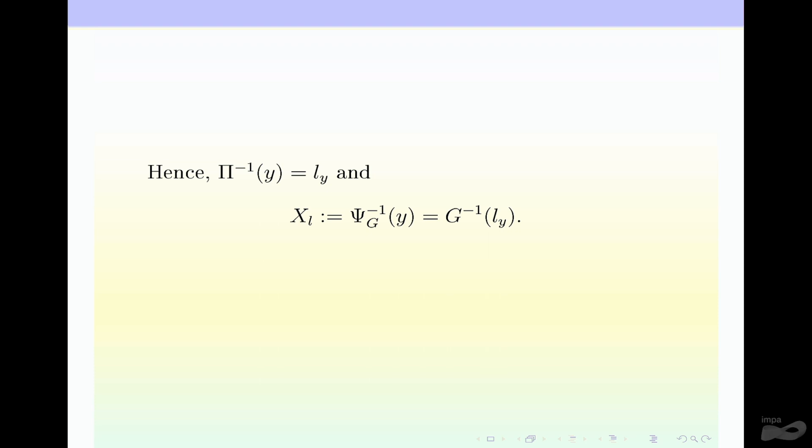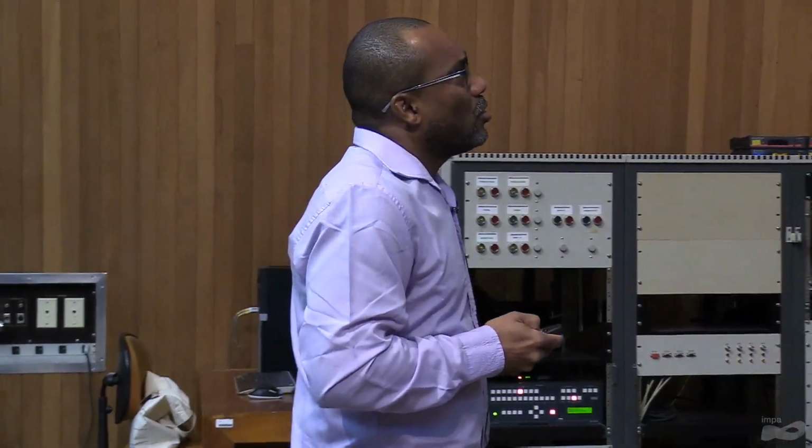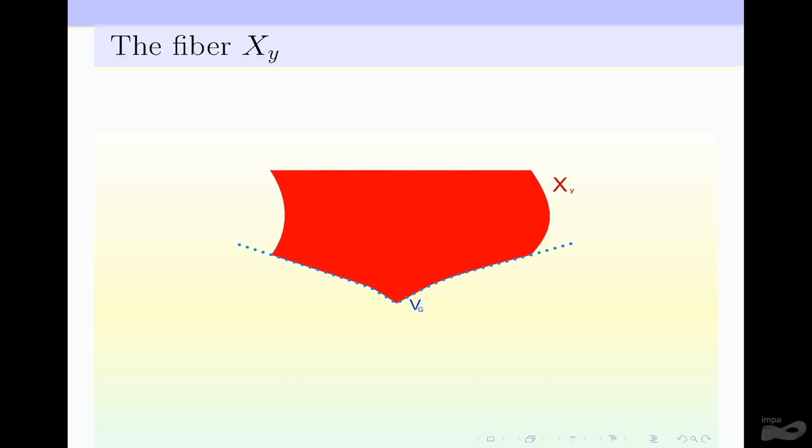And the inverse of psi_G of y, these two are the same, just look into the commutative diagram, and let's denote that as X_y. Such a construction is very well known. It was done by Pepe, by Cisneros, several mathematicians to work on the Milnor fibration. But anyway, this time, at least in the beginning, I will not talk about Milnor fibration, okay? Just doing a construction. So that's the geometric idea of X_y, okay?